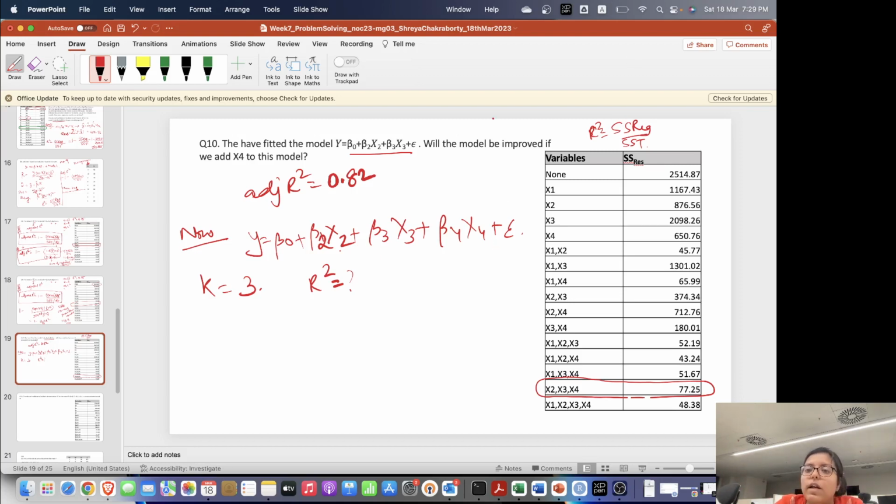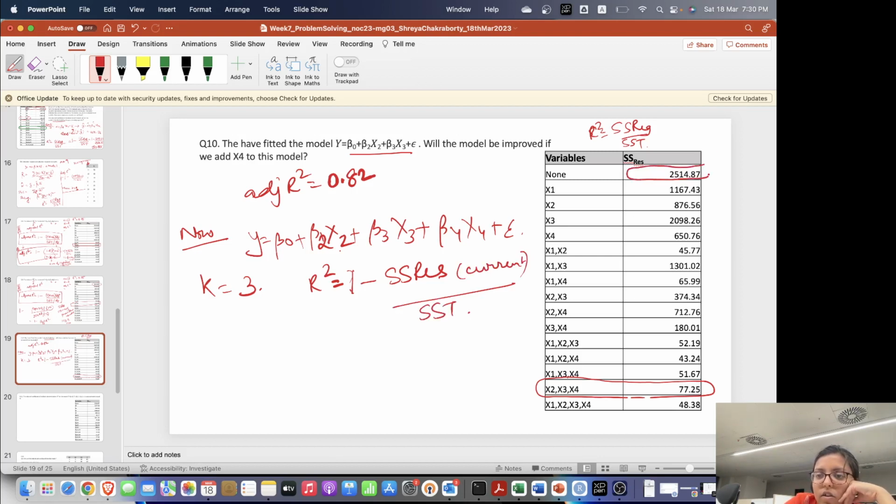So that R square and this R square are not comparable. So for each model, when we add another covariate or predictor, the R square values will keep changing. So then here R square will be 1 minus sum of squares due to residuals from the current model by sum of squares total.